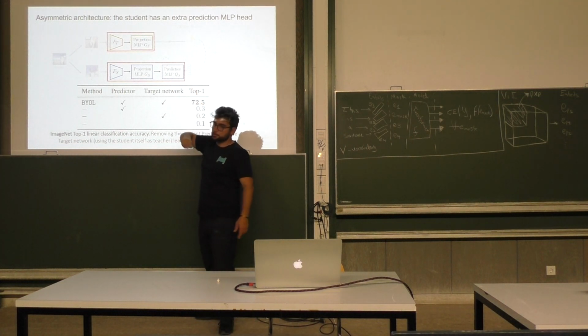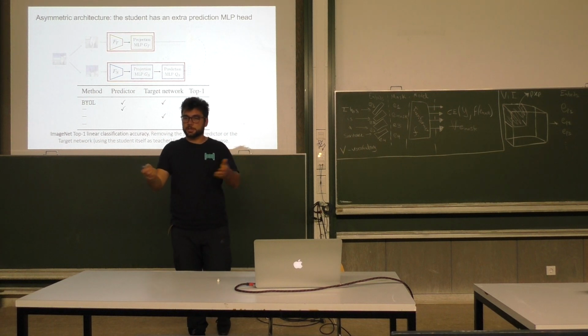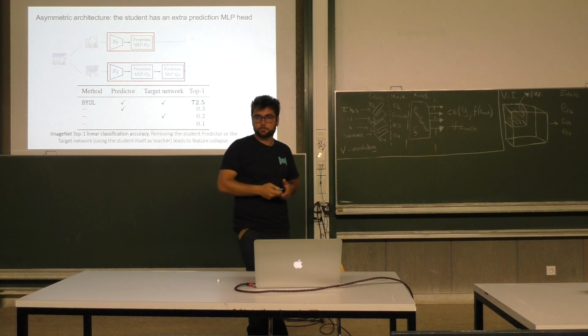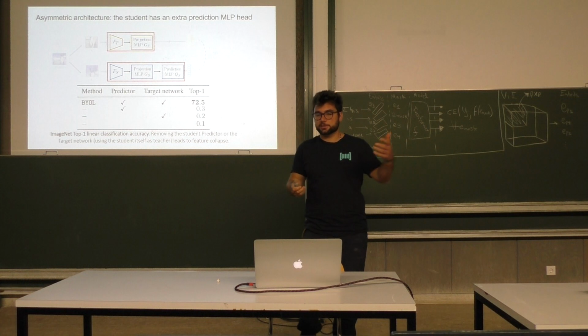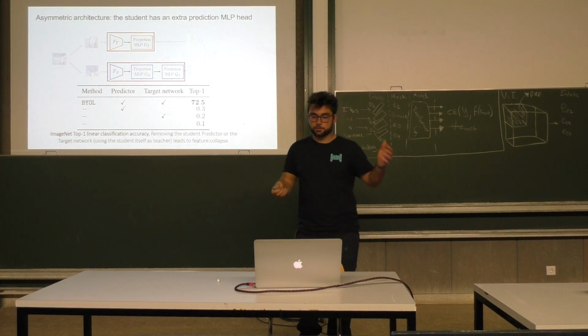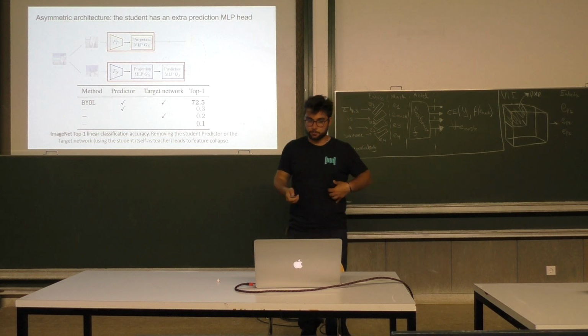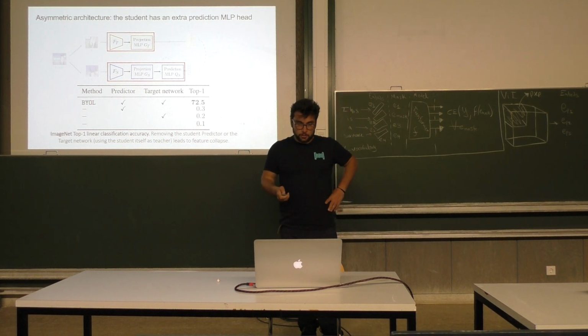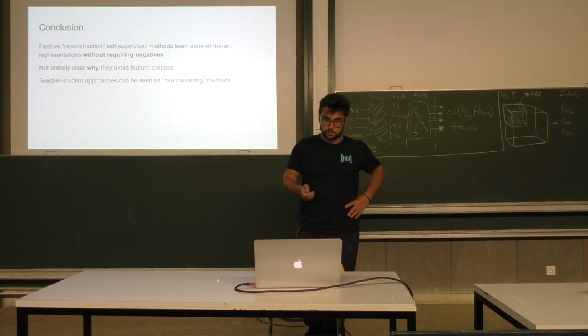Then you do L2 normalization plus mean square error, which is equivalent to cosine similarity. Any questions so far? Okay, no.